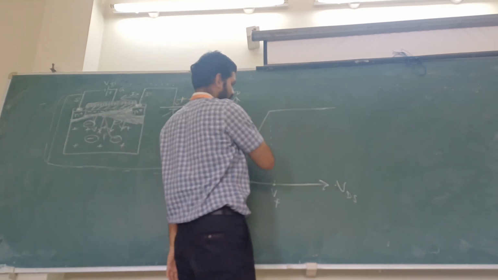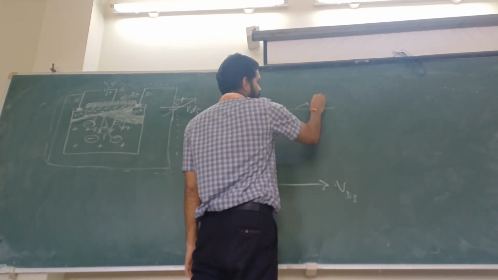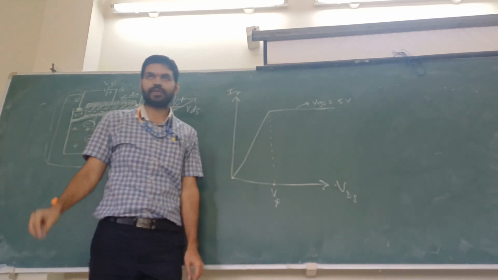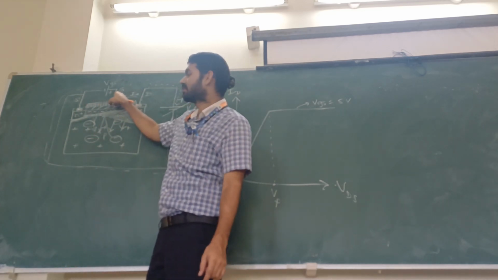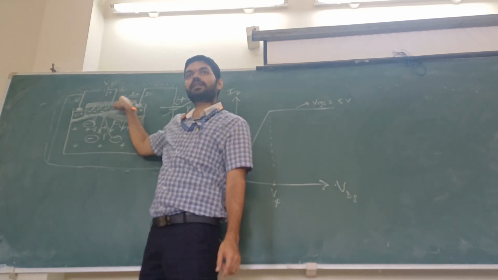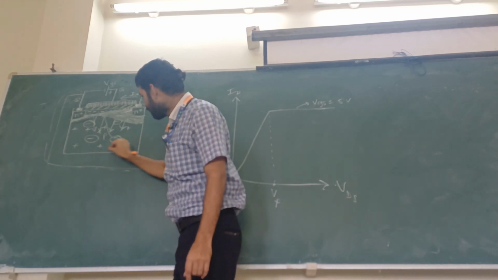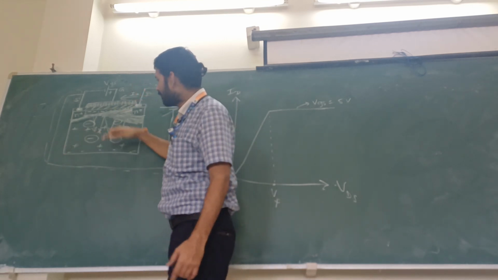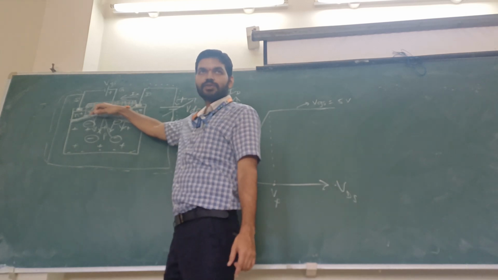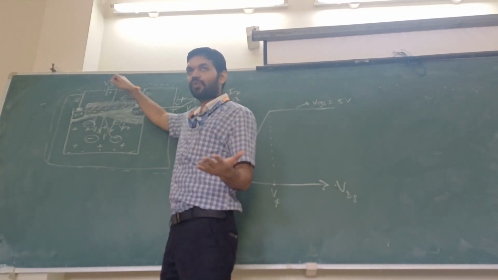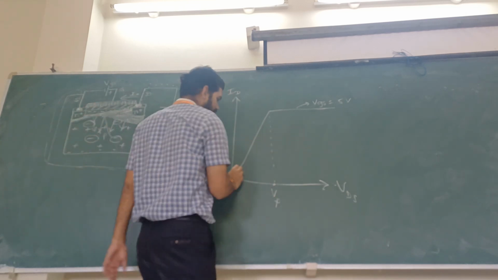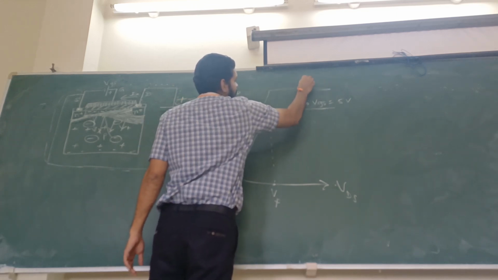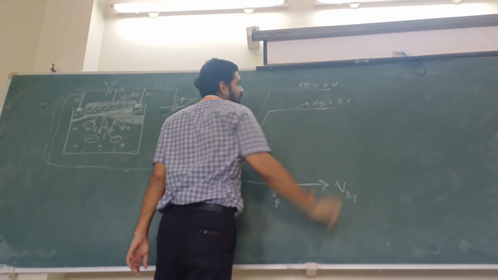So if this current level is at VGS equals 5 volts, and if you increase VGS, more electrons present at the bottom end will also come into the channel. So more charge carriers if more VGS. If you increase VGS, the current level will be more, say VGS 6 volts.